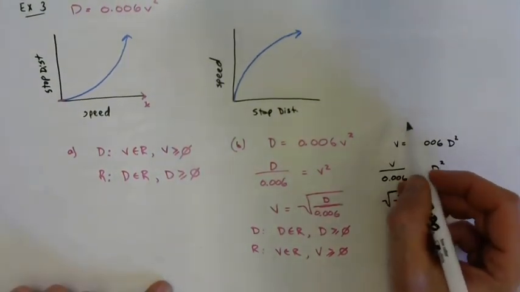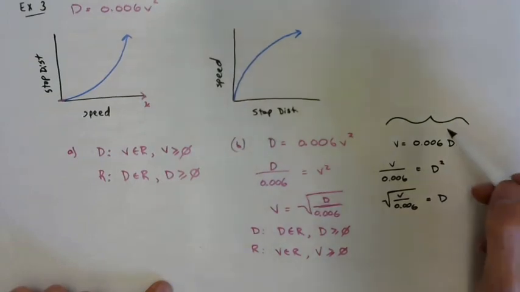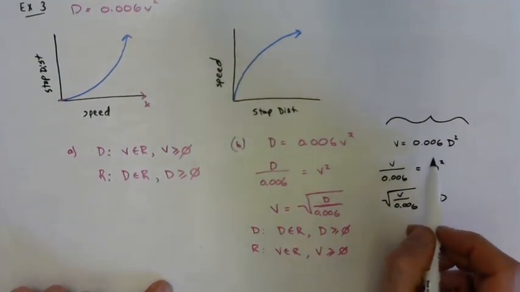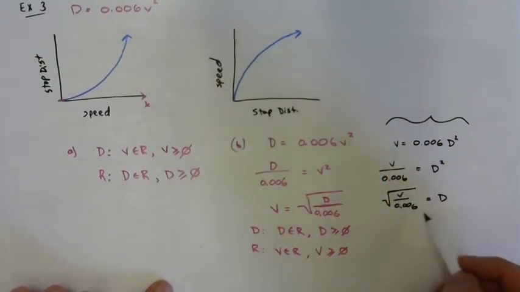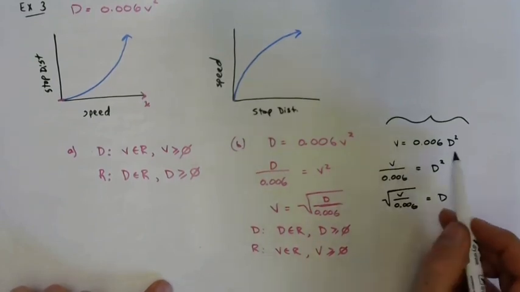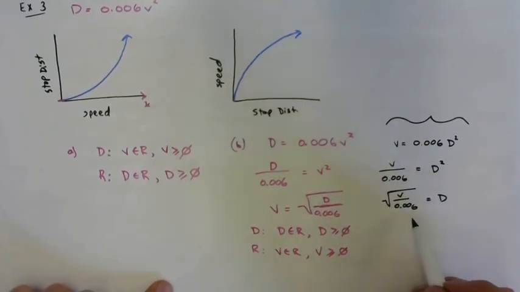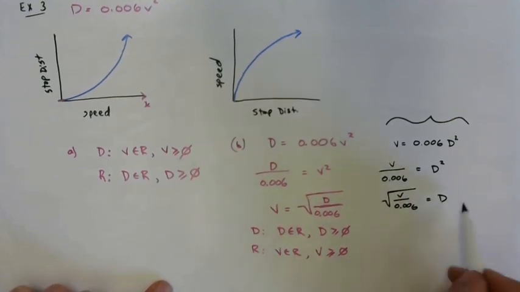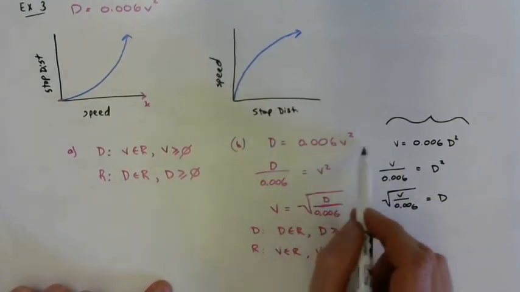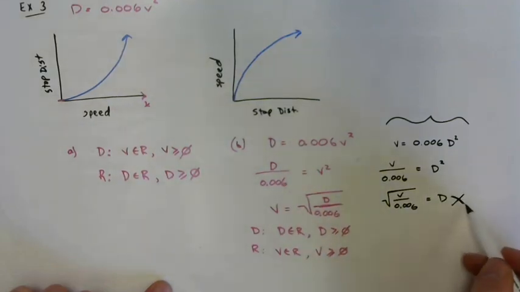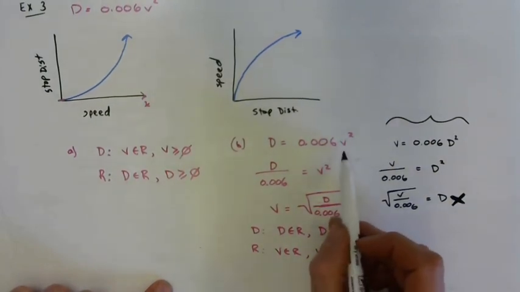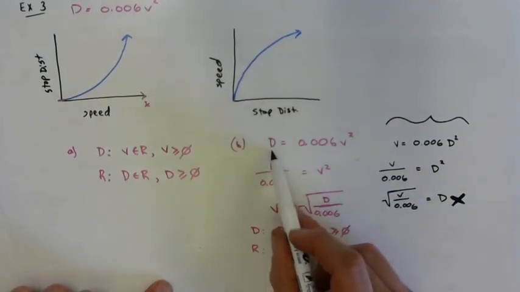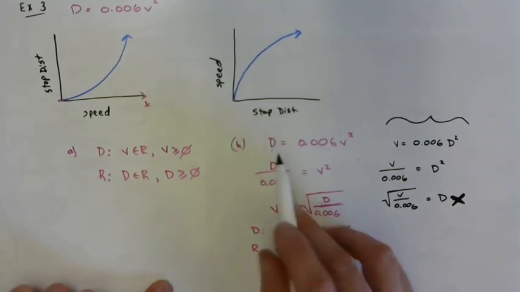Over here in black, this is what happened if I followed the same steps as before, when I switched the variables and then solved for the other variable. We ended up with a D equals situation again. And this relationship is not the same as this relationship. So this is actually just a blanket lie. Because of this real world situation where there is a set relationship between velocity and distance, we don't swap the variables.